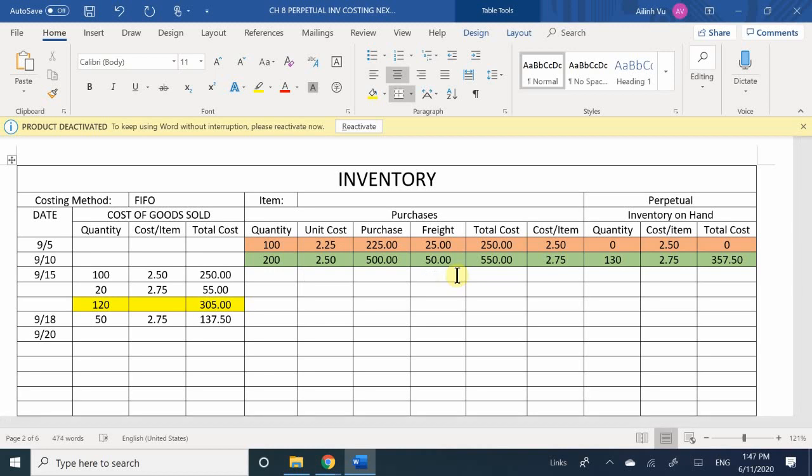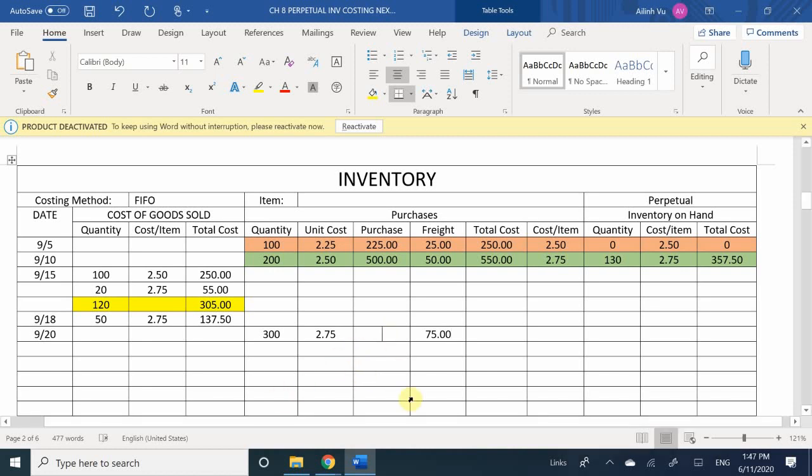On September 20th, I made a purchase of 300 items for $2.75 each, and my freight was $75.